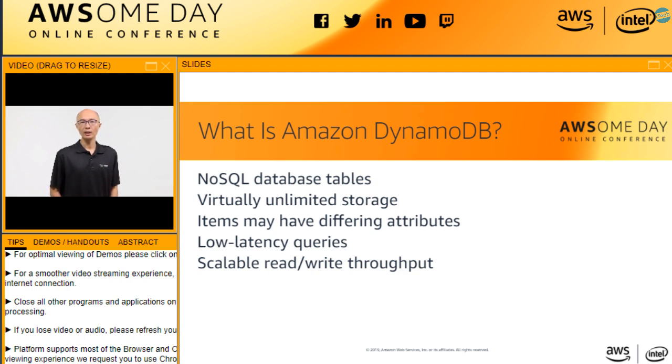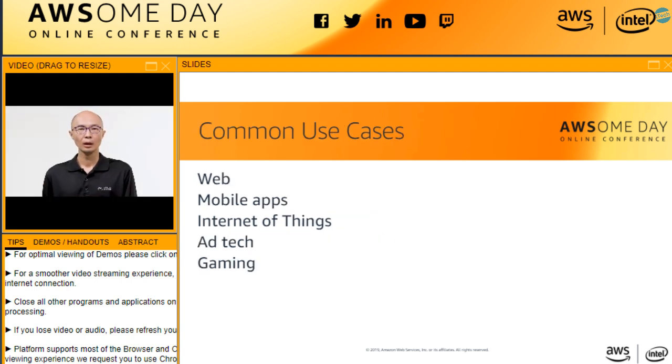Some additional key differentiating features include global tables that enable you to automatically replicate across your choice of AWS regions, encryption at rest, and item TTL. The ability to scale your tables in terms of both storage and provisioned throughput makes Amazon DynamoDB a good fit for structured data from the web, mobile, and Internet of Things applications.